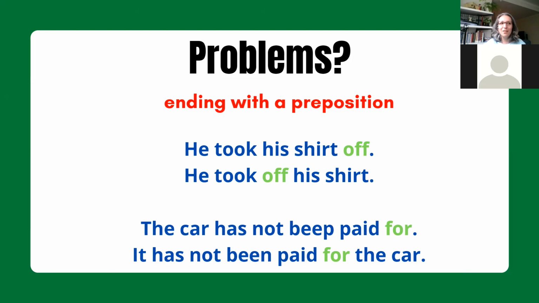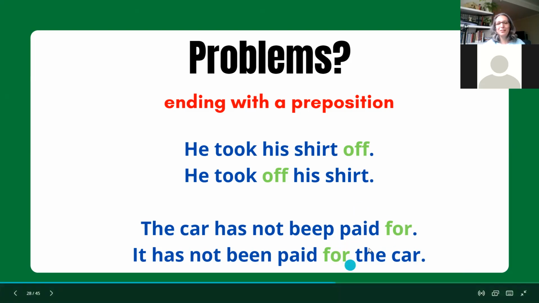That sentence is very convoluted. It doesn't have the same meaning as the one before, when we can totally get that the car hasn't yet been paid for. The second one, it has not been paid for, the car. So following the rule of the preposition being followed by the noun here.